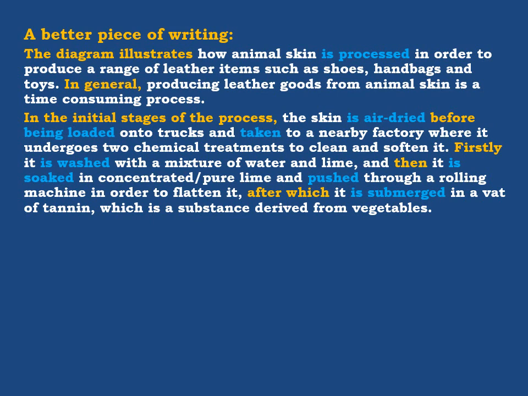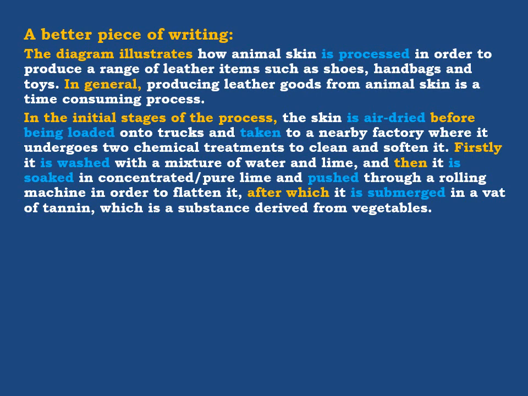You see the language before. Again, before can be used as sequencing here. Being loaded onto trucks and taken. You see, again, he is not using is. See, as we talked about earlier. And taken to a nearby factory where it undergoes 2 chemical treatments to clean and soften it.